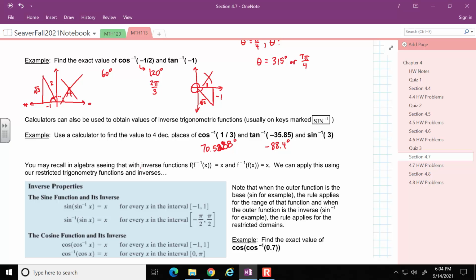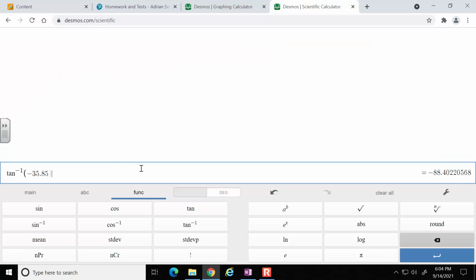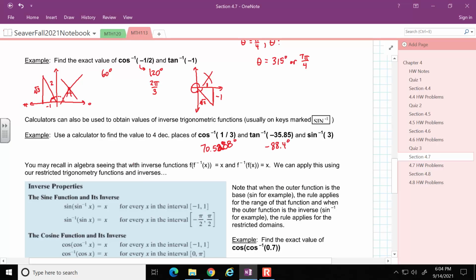So if I wanted something between 0 and 360, what would it be? You just add 360 to it. It's not that hard in this case. 271.6 degrees.